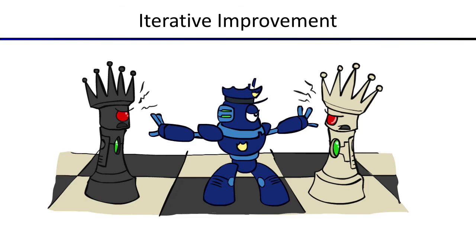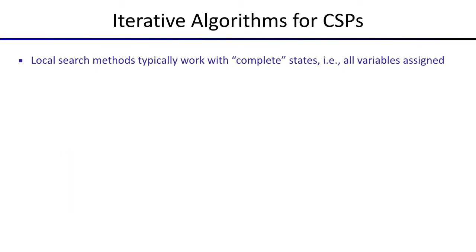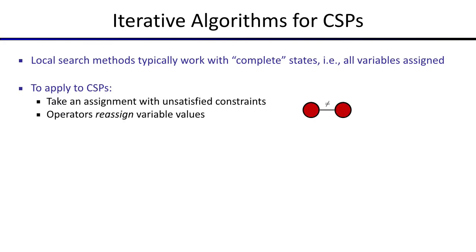So start with some assignment to all of the variables that probably violates a lot of constraints. And then from there, find all of the problems in this assignment we've chosen and try to fix them one by one. As we fix one, we might introduce problems elsewhere, but generally we can move more or less in the right direction by just doing this over and over.